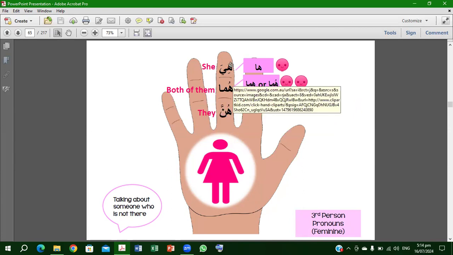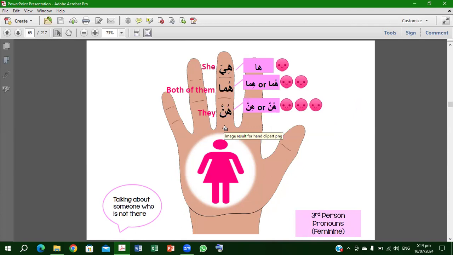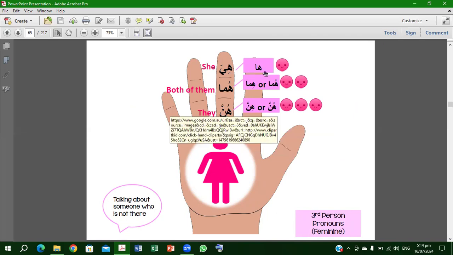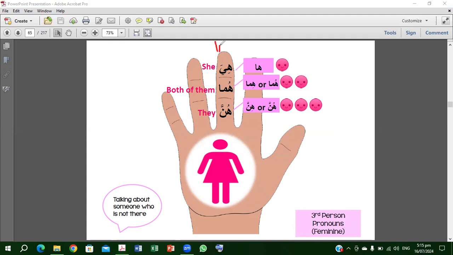These come independent. They don't come with anything; they are separate. They don't join with anything. These are independent pronouns, or you can say detached pronouns, because they are not attached.